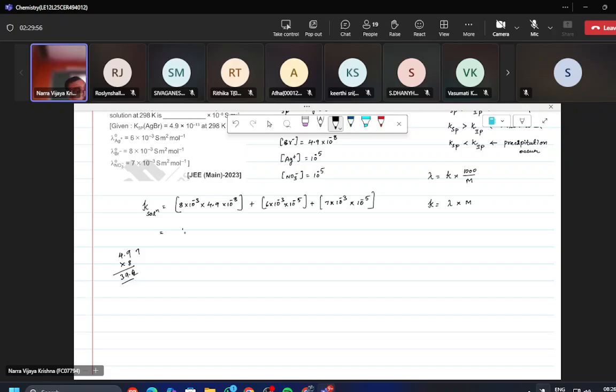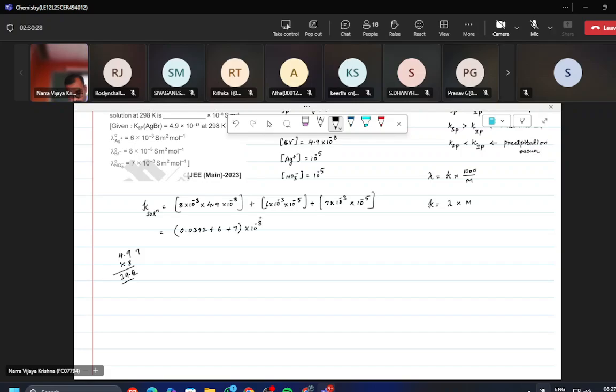Can I write that as 0.0392 into 10 power minus 8? 0.0392, na? 10 power minus 3 is there, so I have to move that 3 positions. So 0.0392 into 10 power minus 8 plus 6 into 10 power minus 8 plus 7 into 10 power minus 8.